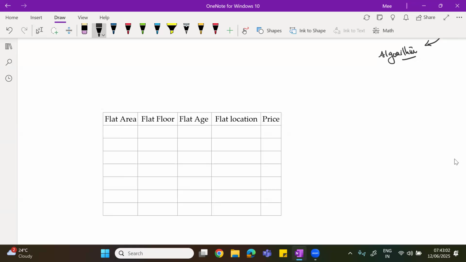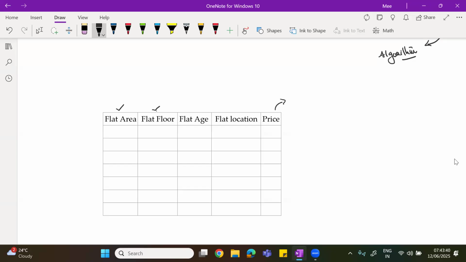Now when you look at this, this is the price of the flat. This price is dependent on the area. Yes, if the area is big, the flat price is more. If the area is small, less. Floor, yes, floor also, because as you go higher up the floor, the price will be slightly reduced. If the flat is on the first, second, third or fourth floor, then the price will be a bit high.